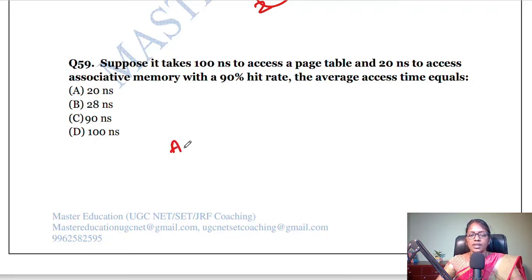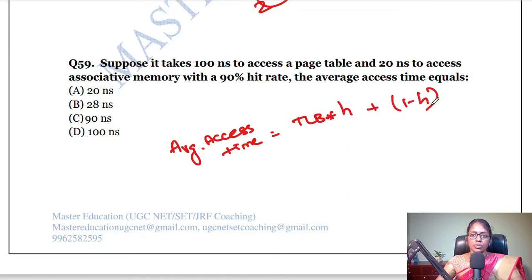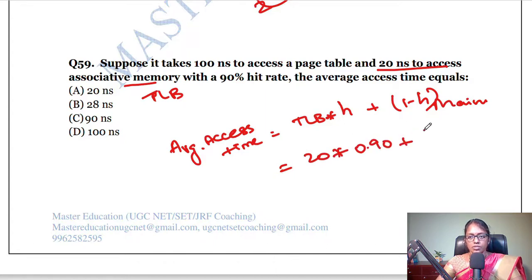The formula is TLB time into hit ratio plus 1 minus h into main memory time. Associative memory is the TLB, so 20 into hit ratio 0.90, plus 1 minus 0.90 into 100 nanoseconds. The page table is called the main memory.